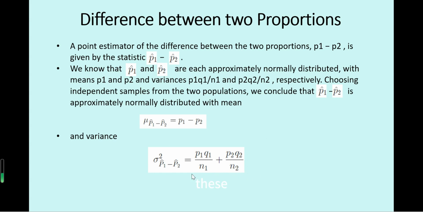This sum of variances depends on the assumption that these two samples are independently selected from two populations.